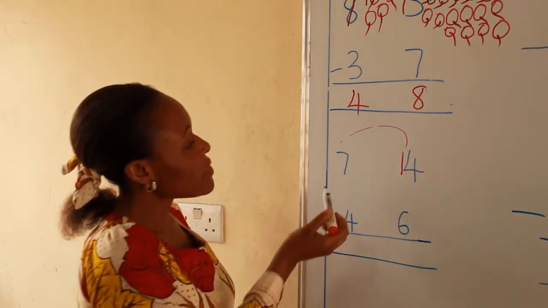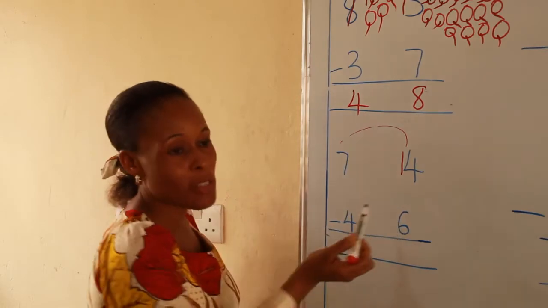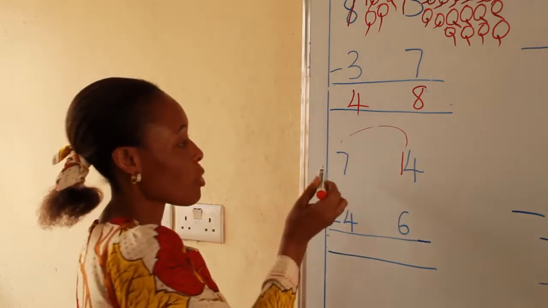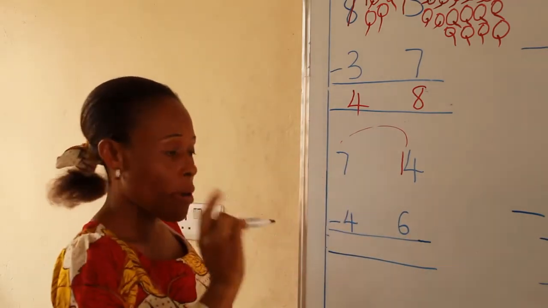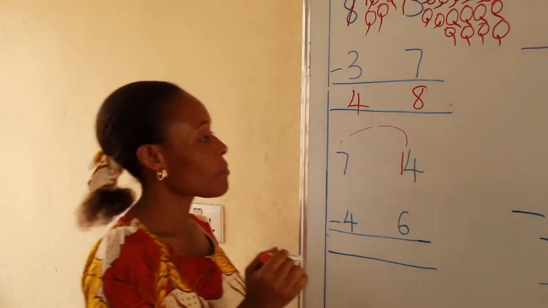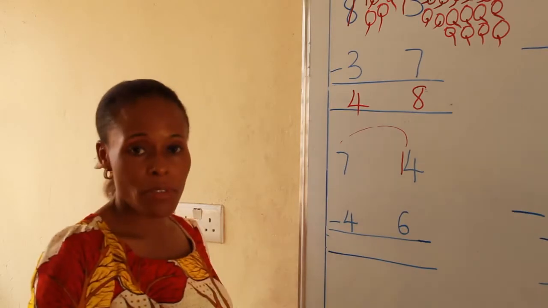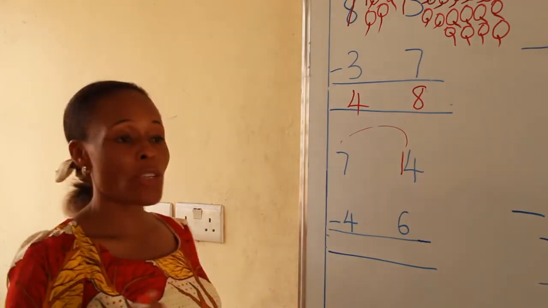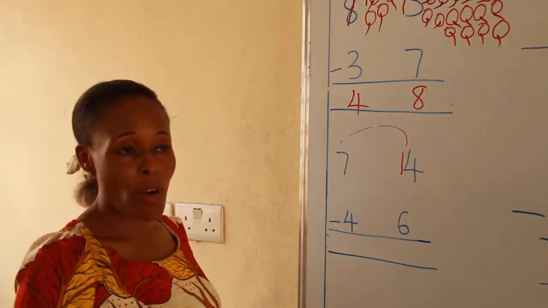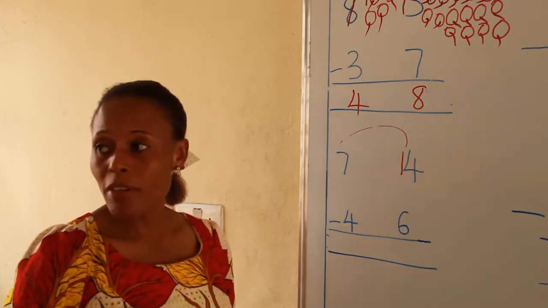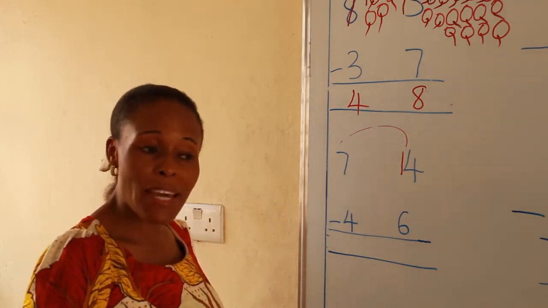And because number 7 has given one number to number 4, we are going to subtract that one number from number 7. We are going to subtract 1 from number 7. Children, you're going to count with your fingers and subtract one number from number 7. Quickly, can you do that for me, please?